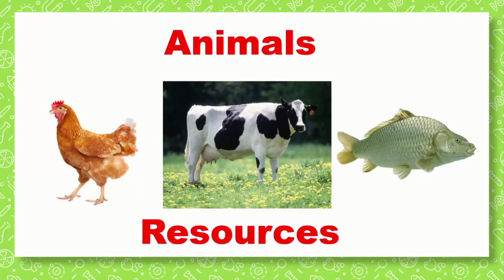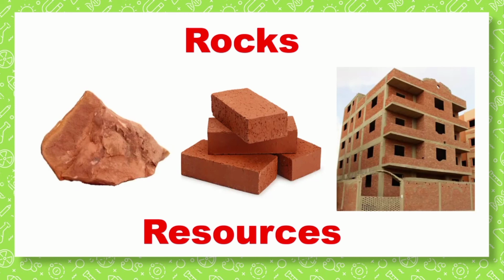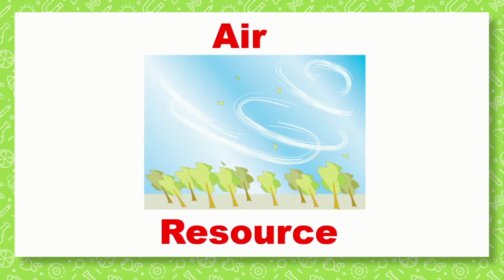Animals. Animals are a resource that we need for food. Rocks. We need rocks to build our shelter or our home. Rocks are very important resources that we find in nature. And the last is air.